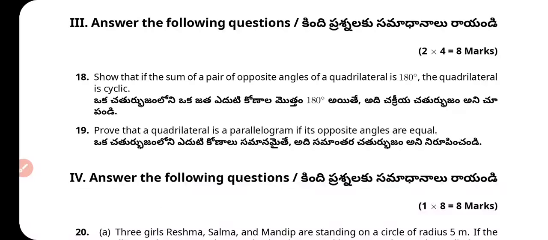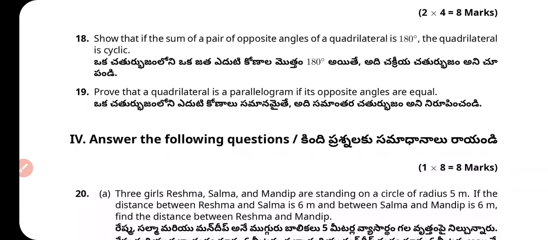Question 18 belongs to Section 3. Each question carries 4 marks, with long step-by-step solutions. Question number 18. Show that if the sum of a pair of opposite angles of a quadrilateral is 180 degree, the quadrilateral is cyclic. And question number 19 is a proof.